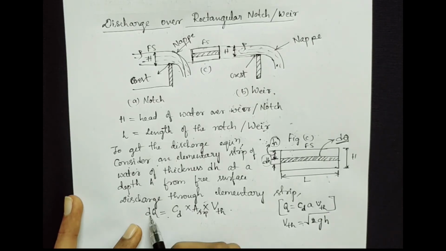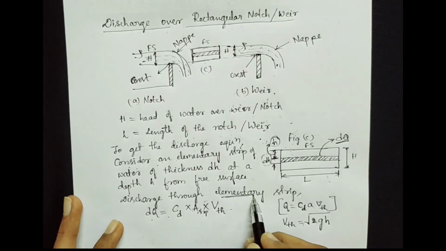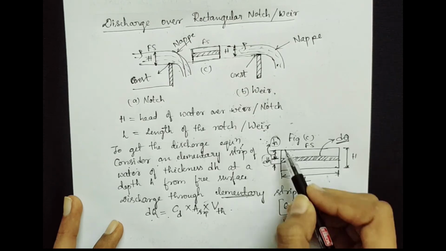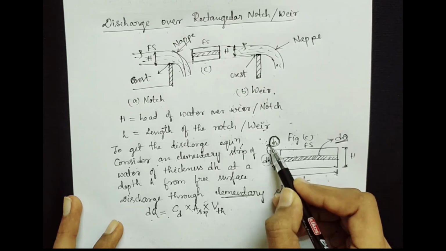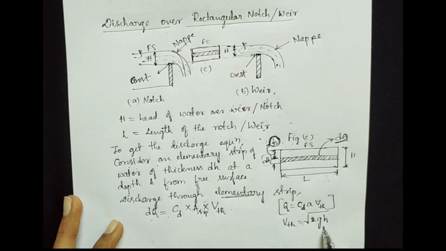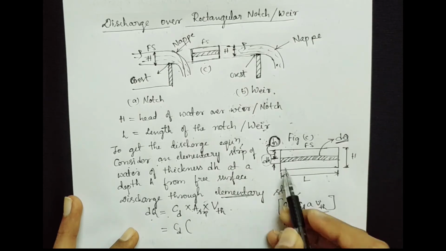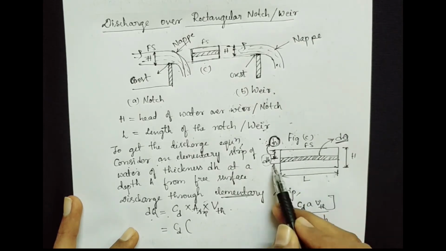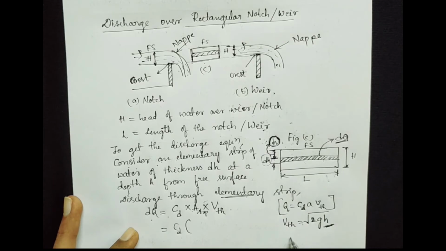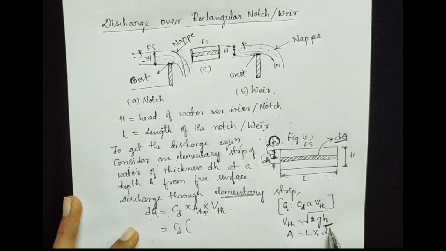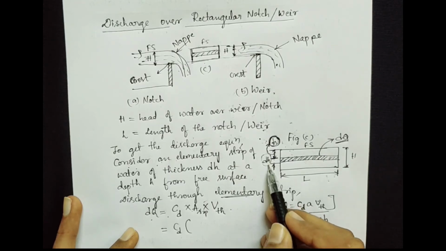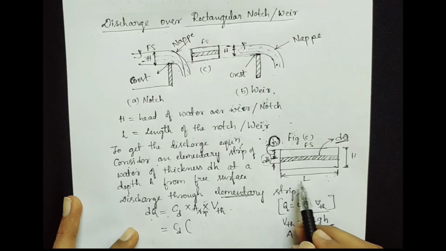As we are considering an elementary strip, we have to consider the depth of the elementary strip, which is small h, in the theoretical velocity. The area of the strip is length into thickness, so the area will be L into dh, where dh is the thickness of the strip and L is its length or width.